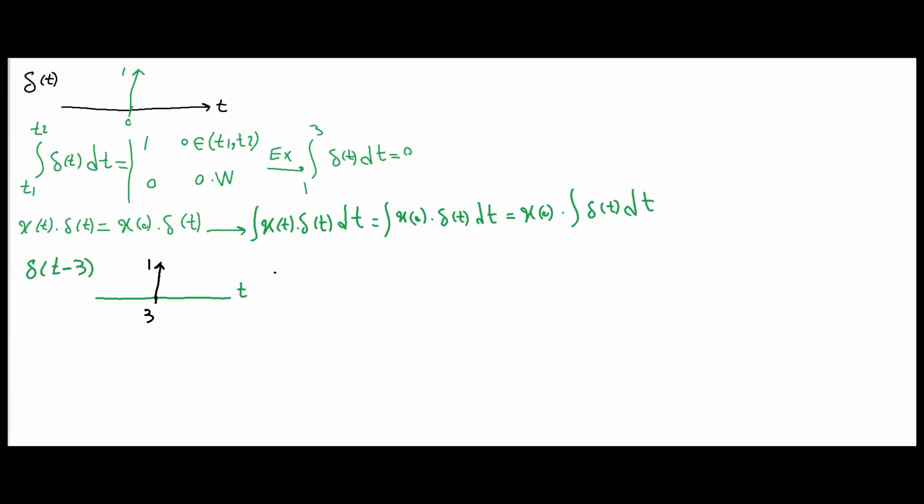So, for example, when you write a signal x of t multiplied by delta of t minus 3, the result is no longer the value of the signal at 0 multiplied by delta t. Instead, it is the value of the signal at time equal to 3 multiplied by delta of t minus 3.